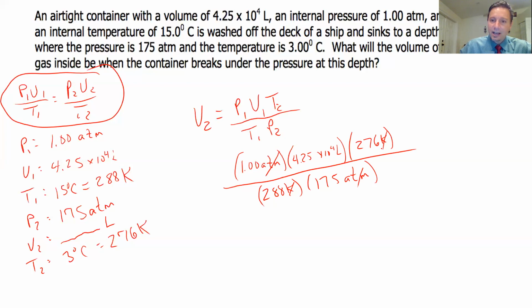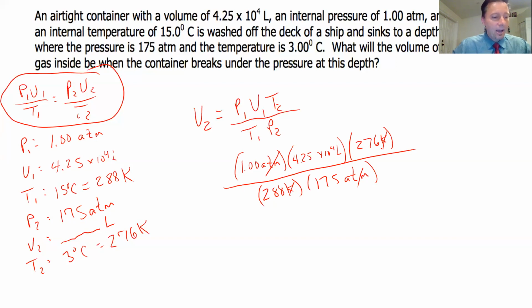And when I look at this, I have to round to 3 significant figures. So let me plug all this in, and I'm going to divide that by, times, 175.